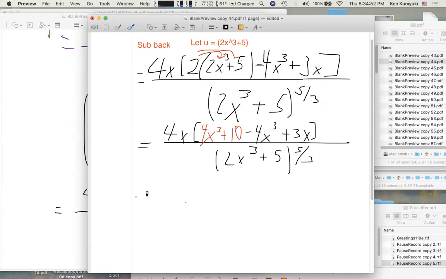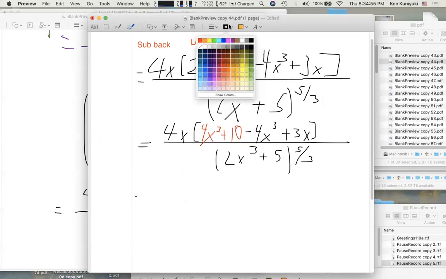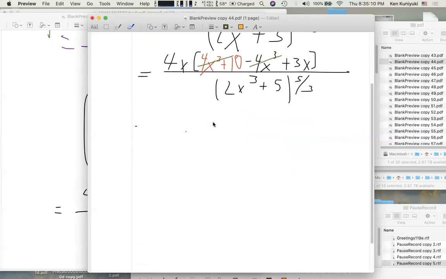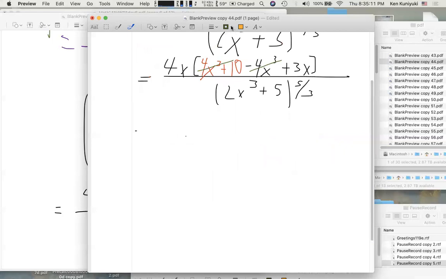All right, what happens on top? Okay. One advantage of the screen over markers. I don't have to worry about corrupting my markers. 4x cubed minus 4x cubed is 0. That sounds familiar. All right. Because I've done this problem before. Even though I still mess it up sometimes.